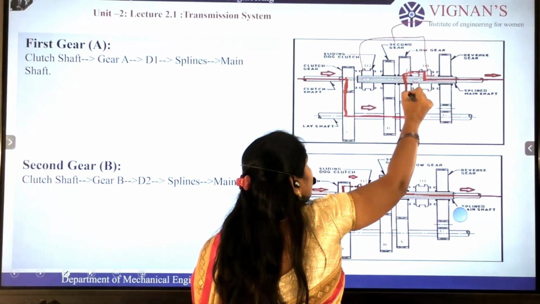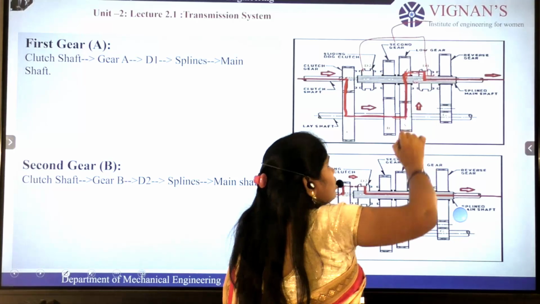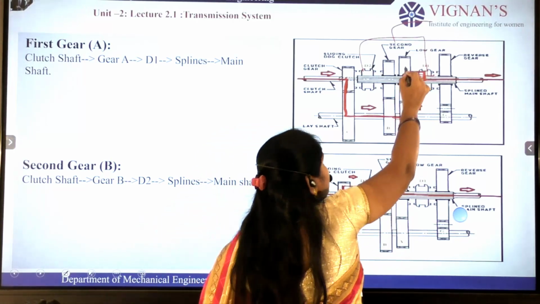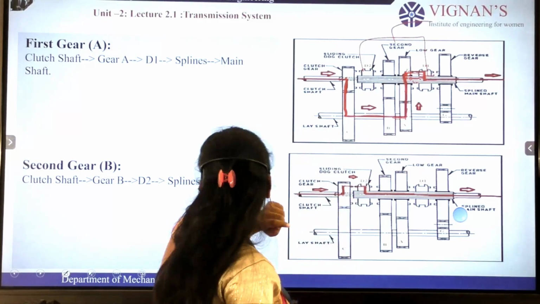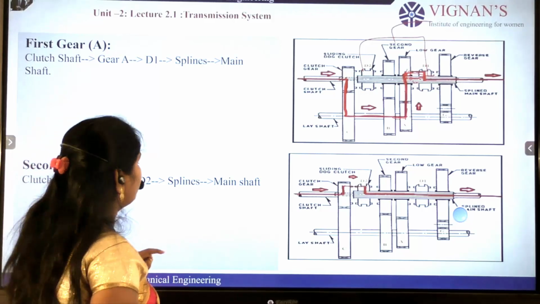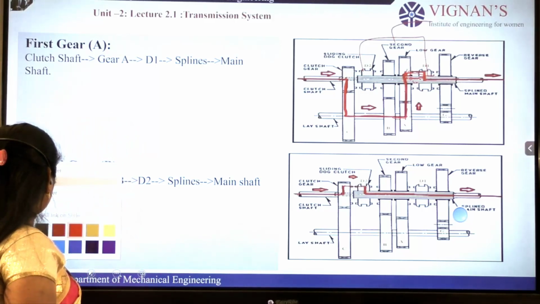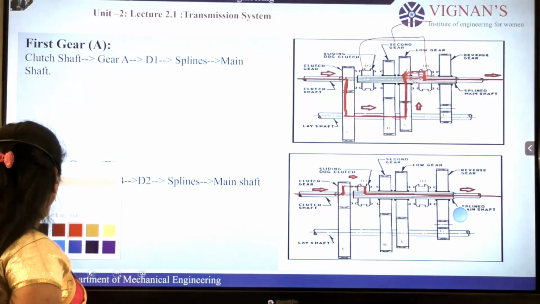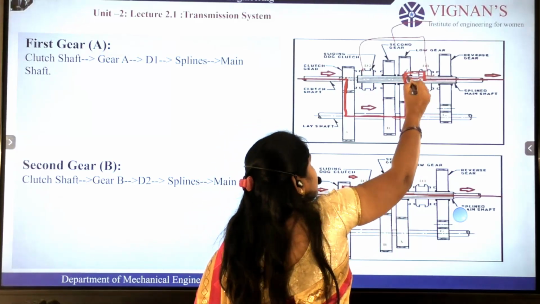So this dog clutch will engage with gear C, and the power is transferred like this.